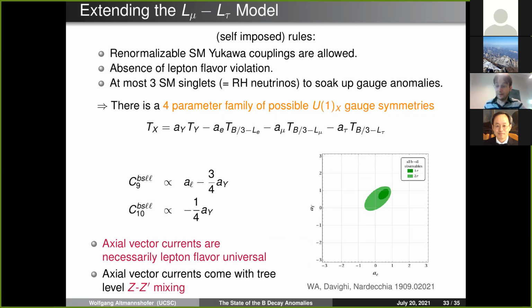I'm asking this question because I think this type of new gauge interaction is interesting if one can connect the flavor structure of Yukawa couplings to this flavor non-universality in the B decays. Yes, that's definitely a very interesting direction.